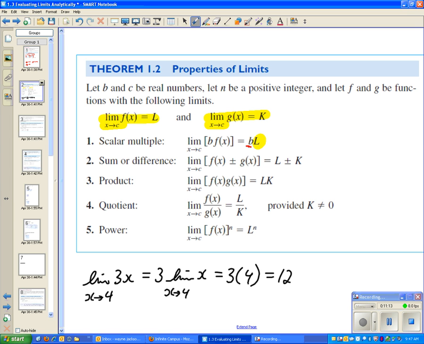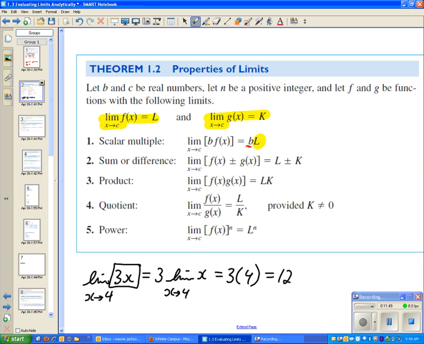Couldn't I also have just left that whole and substituted a 4 in for x and ended up with the exact same thing? Yeah. Okay? So the scalar multiple property says two things. One, we can factor constants out and set them in front of the limit notation. And the rest of the problem works the way it's going to work. It's also telling us, when you have just a linear function, 3x is a linear function, I can just use substitution to find the limit.